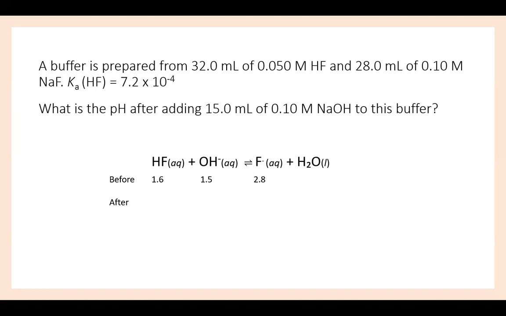We still have 1.6 millimoles from our original buffer of HF. We have 2.8 millimoles of F-, and we solved for the millimoles of hydroxide by multiplying 15 milliliters times the 0.1 molar.